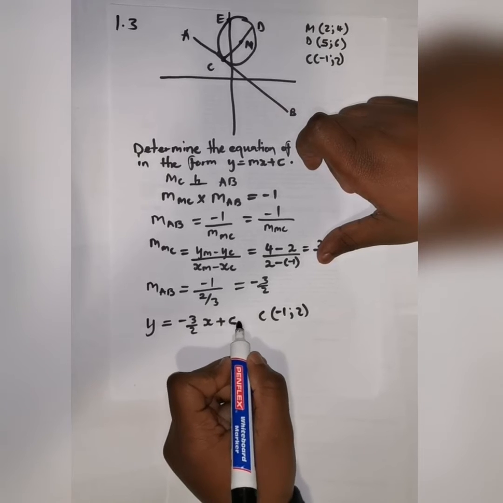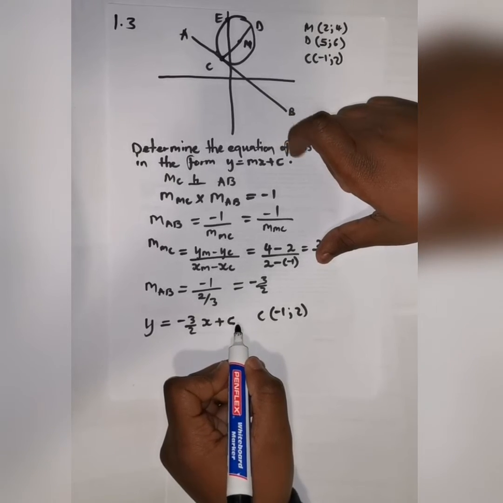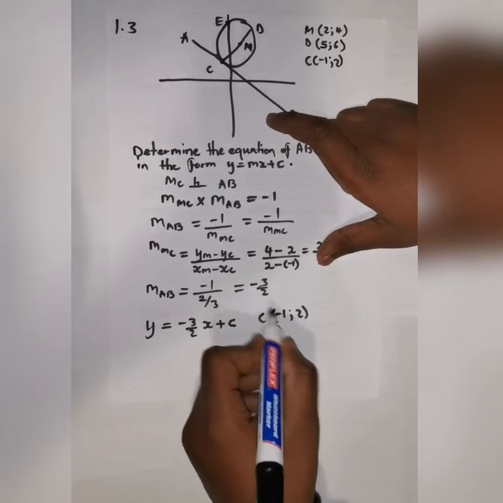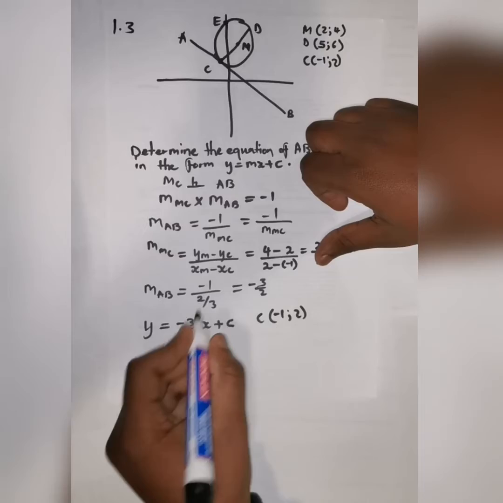This C just stands for constant, right? It's part of the equation of a straight line. Don't confuse it with point C on this diagram.